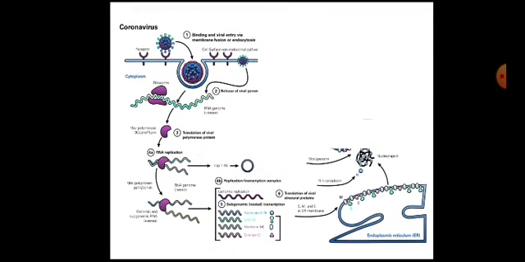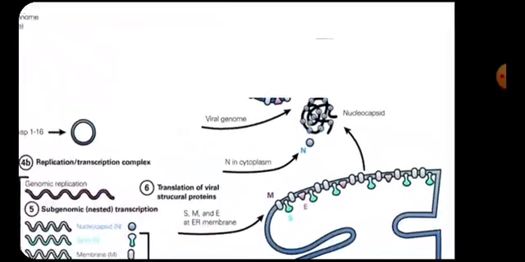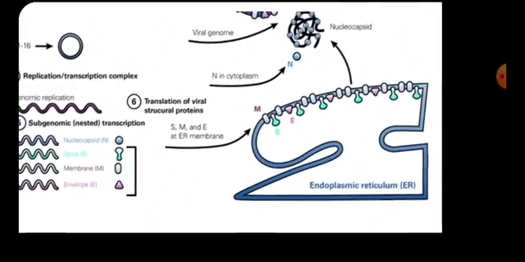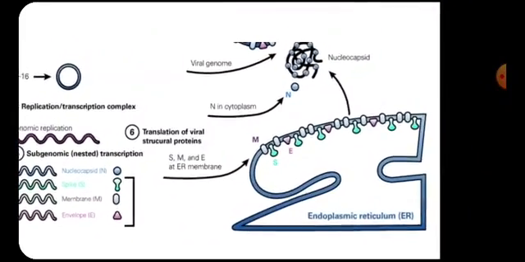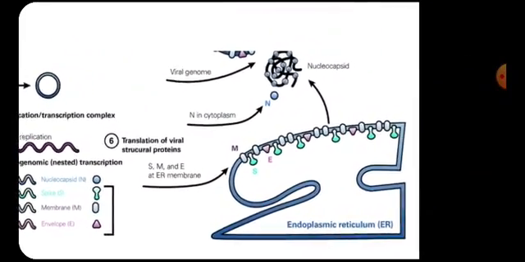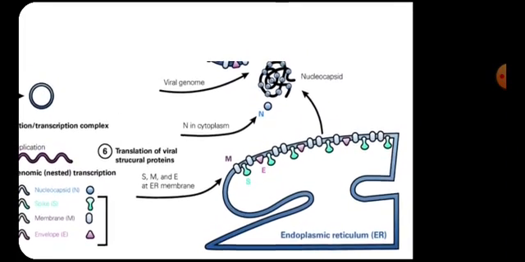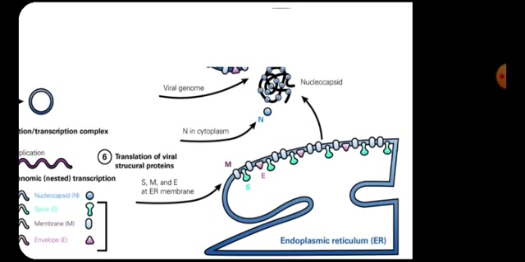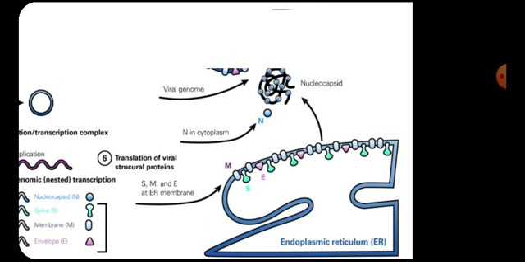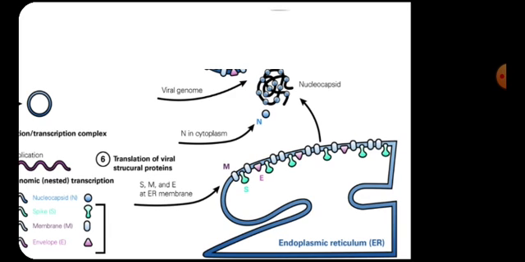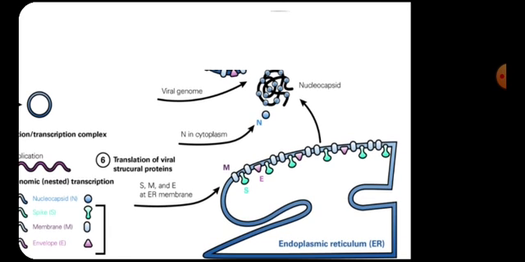After the synthesis of viral components, the next step, after translation, where viral structural proteins are synthesized, is assembly. You can see that the N protein, that is the capsid protein, binds around the nuclear material, that is RNA, to form the nucleocapsid.